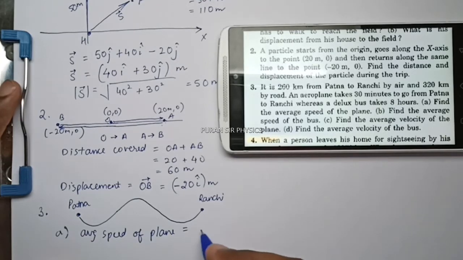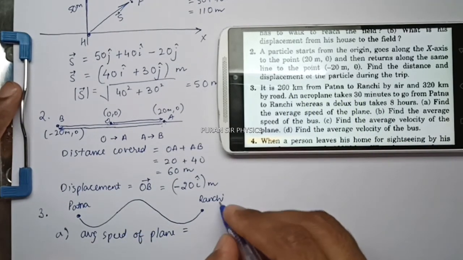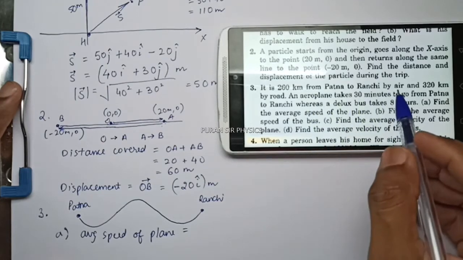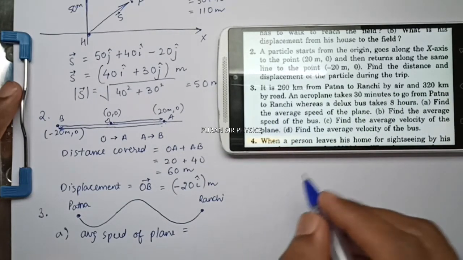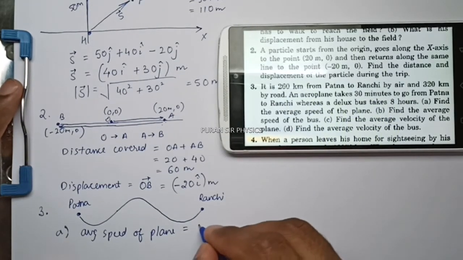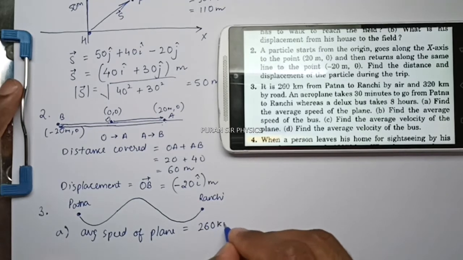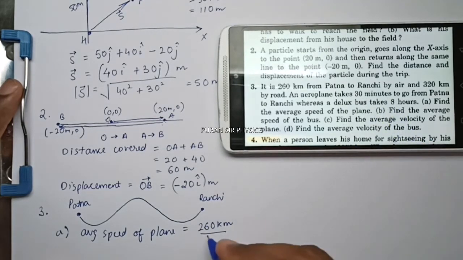So the distance from Patna to Ranchi is 260 km by air and 320 km by road. So हमें प्लेन का निकालना है, तो 260 किलोमीटर हम लेंगे बाय एयर. सो 260 किलोमीटर डिवाइडेड बाय टाइम, तो प्लेन टेक 30 मिनट्स, so it will be 30 minutes.